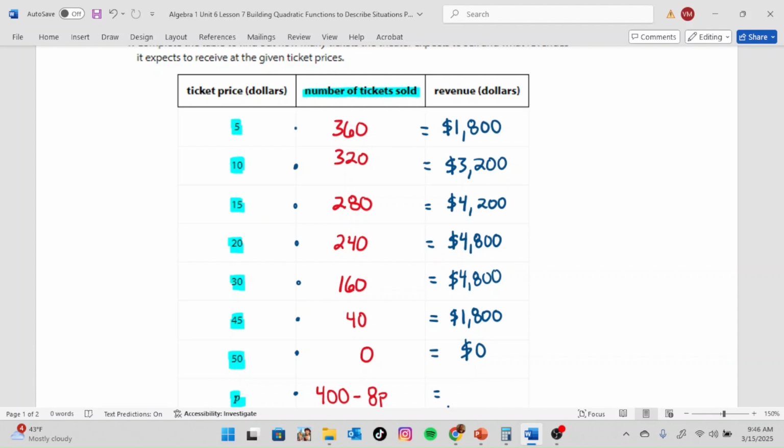And P dollar ticket price times 400 minus 8P number of tickets sold is going to be 400P minus 8P squared. And now what we can see is that we're going to have a quadratic expression to find us the revenue.